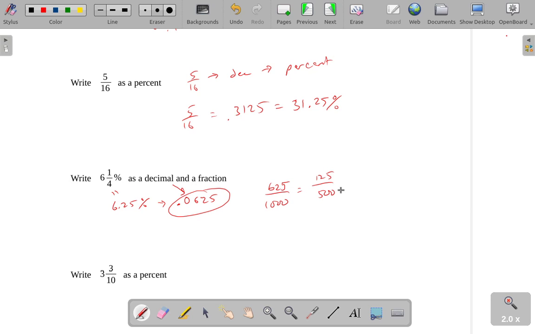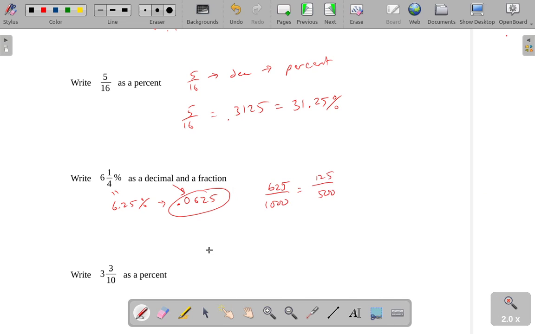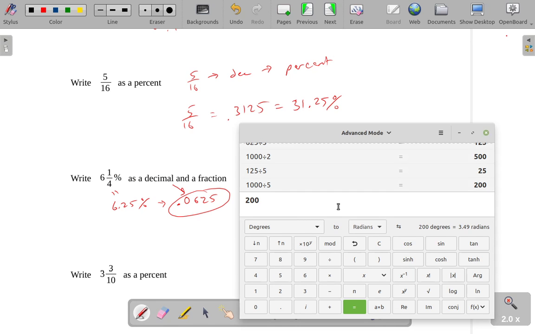They're still both divisible by 5 because they end in a 5 or a 0, so I'll do this again. Oops. I said divide by 5 here, I just realized. 10,000 divided by 5 is 2,000. Yeah, so I should have ended up with 2,000 here if I had typed the right thing into the calculator.